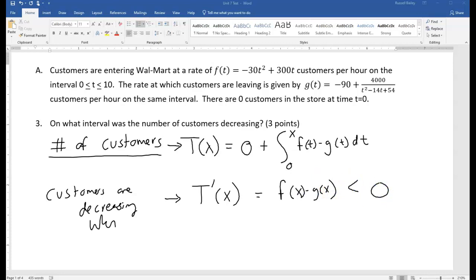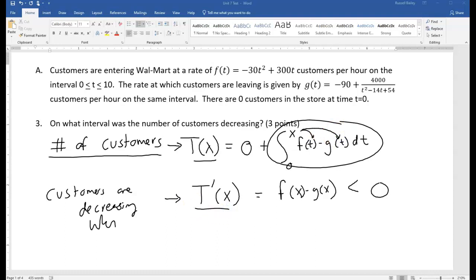Now let's talk about what I just did there. I'm taking the derivative of t. Now the 0, it was already 0, so you can ignore it. When you take the derivative of this, the integral goes away, and then the x's drop down inside. That's the second fundamental theorem of calculus. And that gives you the derivative.